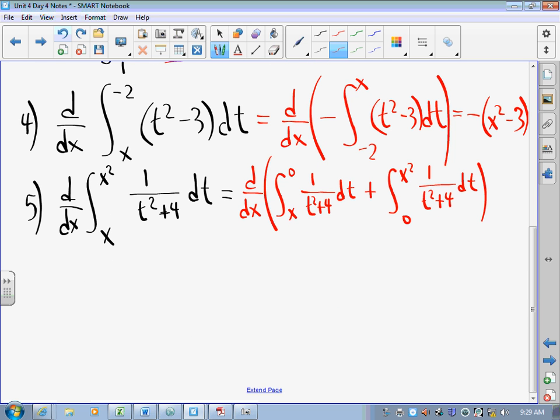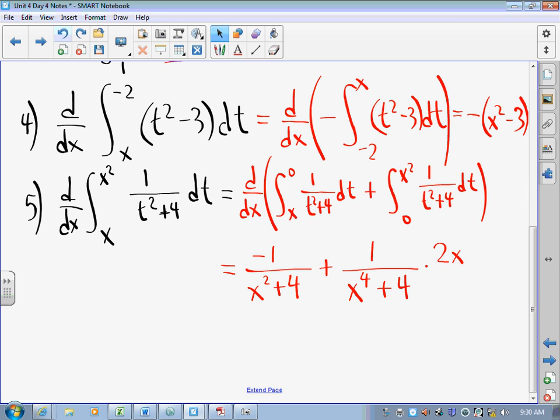Because the integral from a to c plus the integral from c to b is the integral from a to b. And so the thing on the left reads backwards, so that's -1 over x squared plus 4. Good catch, folks at home. Plus, now I'm doing the integral from 0 to x squared, so that's positive. I sub in the x squared, but then I've got to multiply by the derivative of x squared. And then I leave it just like that, and I don't even try to simplify.